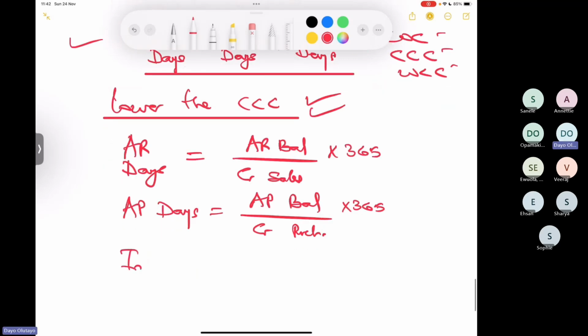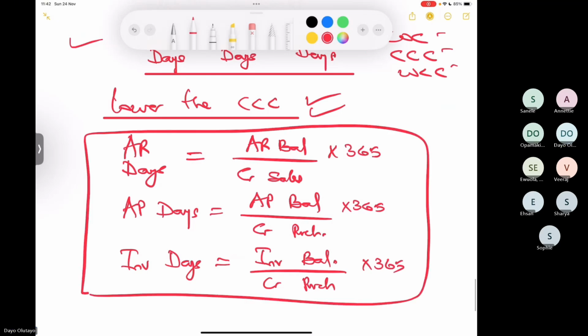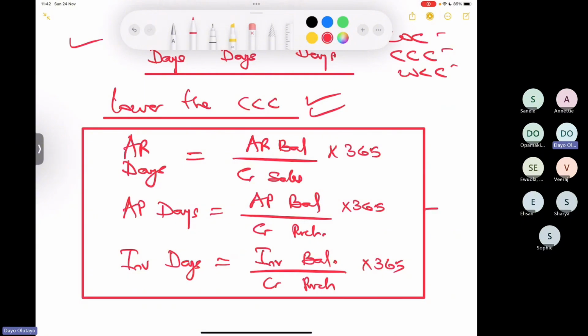And inventory days as an inventory balance over credit purchases as well multiplied by 365. All of this will give you your cash conversion cycle.